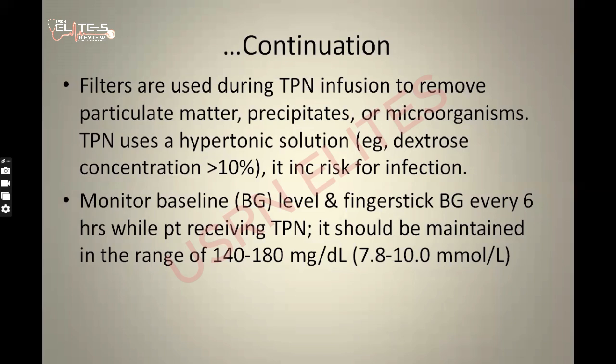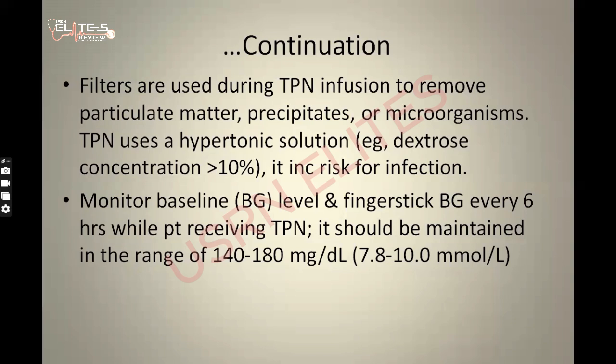Because of the high concentrations of TPN, whenever you start any TPN, your pancreas produces enough insulin to meet the glucose needs at that time.